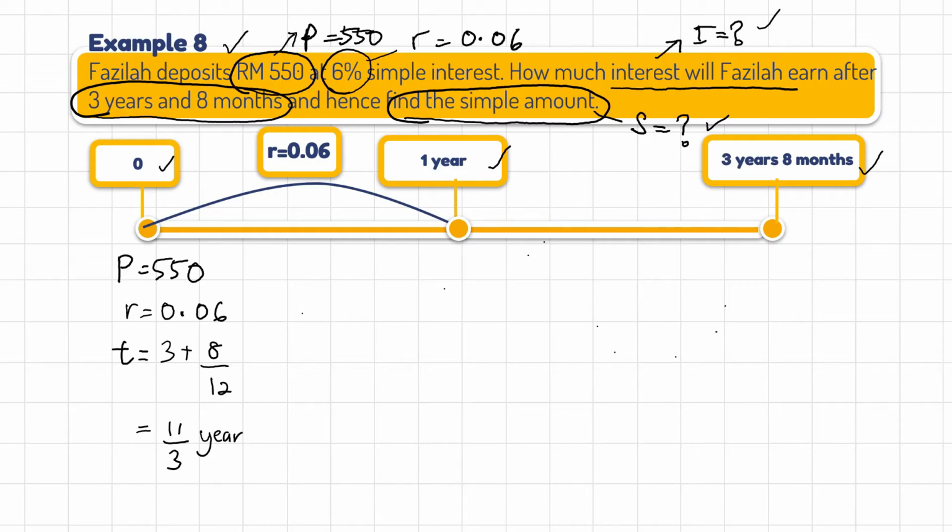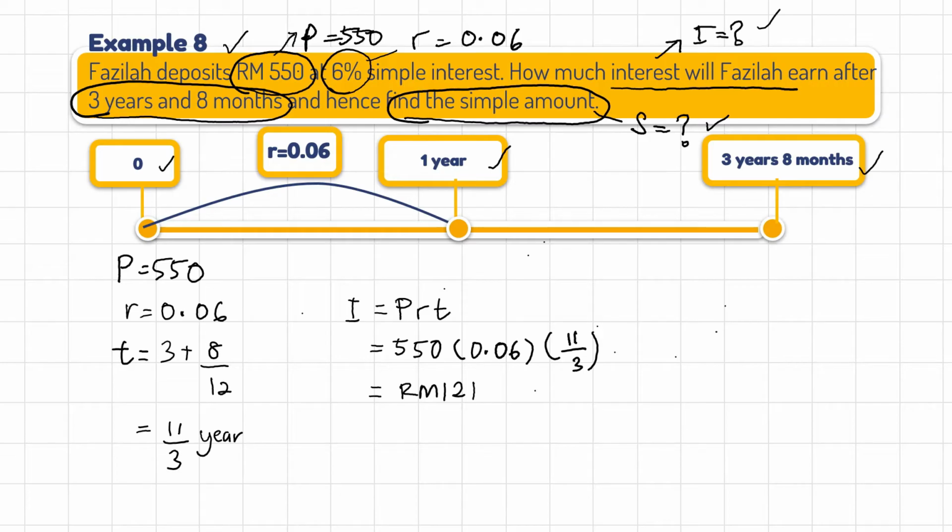Firstly, the question asks to find I. From the previous lesson, we already know I is equals to PRT. Therefore, we just put all the values that we have, where P is 550, our R is 0.06, our T is 11 over 3. It will be equals to RM 121 ringgit. So this is our capital letter I, simple interest.